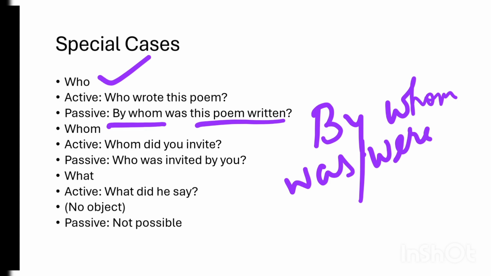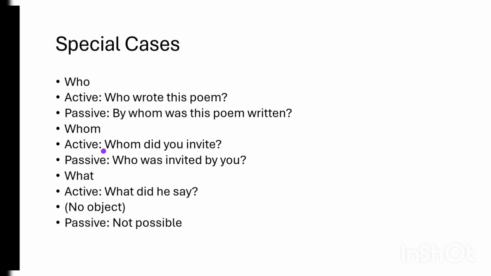If it starts with whom, then your passive will start with who. Whom did you invite? Who was invited by you. And whom do you invite? If it is in the present tense, who is invited by you. Then your answer will also be in the present tense.